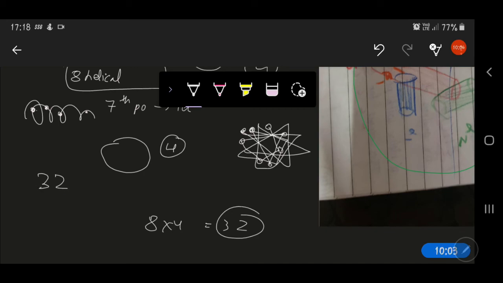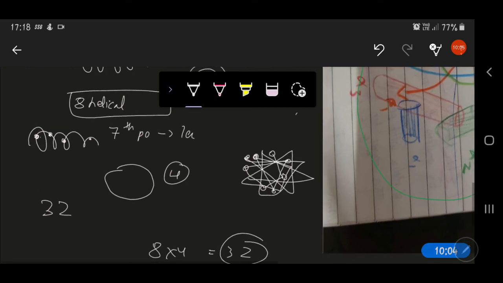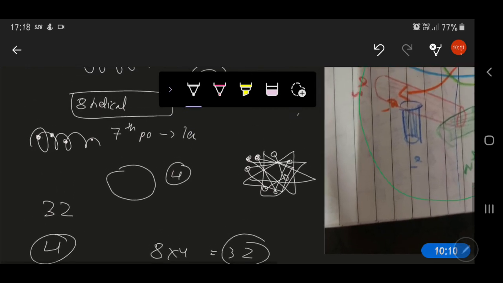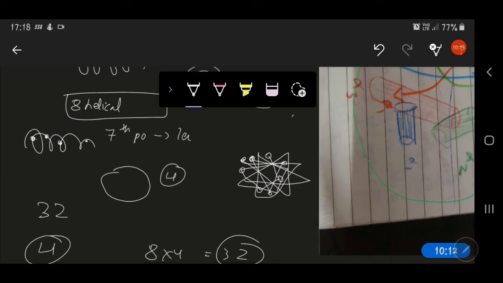At every seventh position there will be a leucine. About 4 leucines are there in one leucine zipper motif.